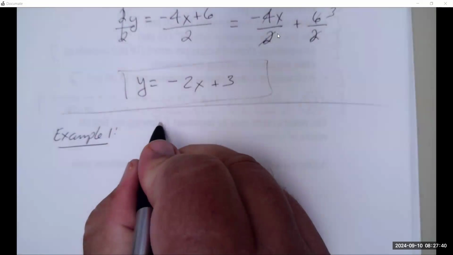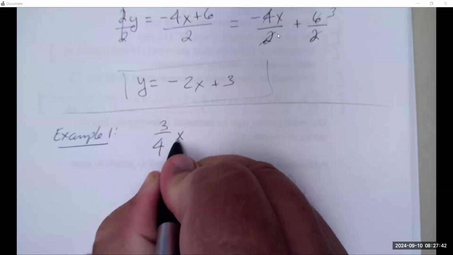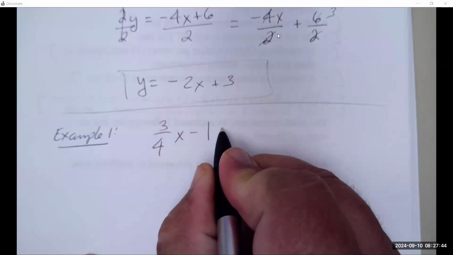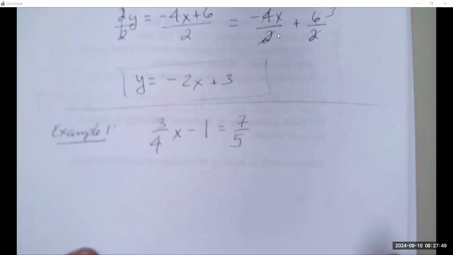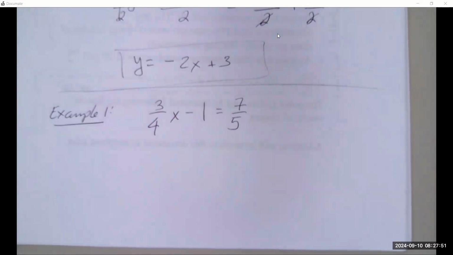Example 1. As a general rule, whenever you have fractions and equal signs, get rid of the fractions.